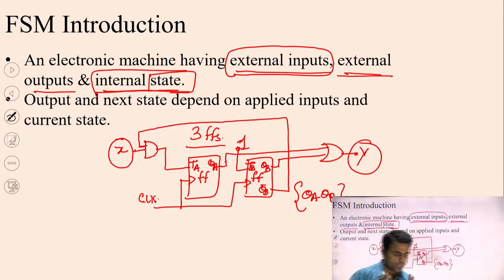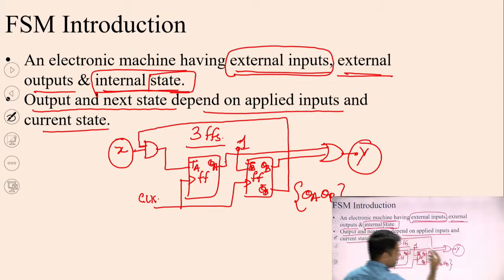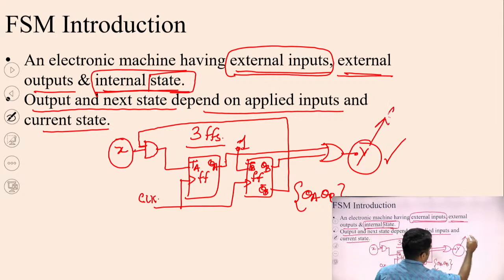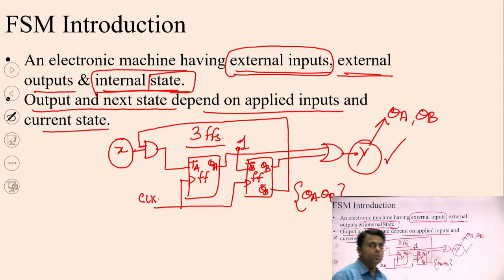Output and next state depend on the applied inputs and the current state. You can check that this Y is dependent on QA and QB, and indirectly QA and QB are dependent on X. So ultimately there are three factors which drive the output: whatever you apply at X, and the current state, meaning the output of the flip-flops.